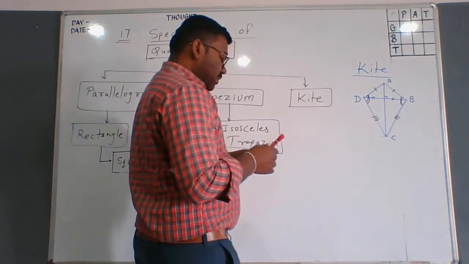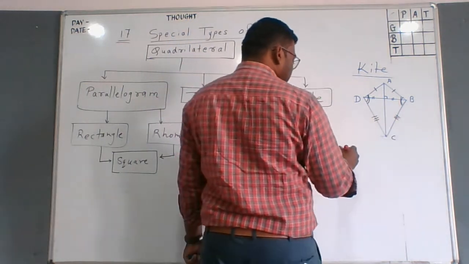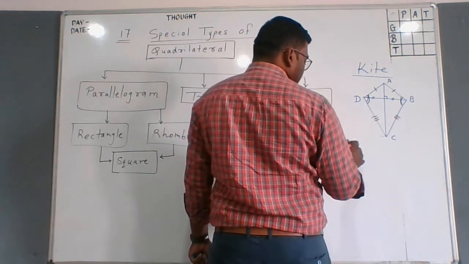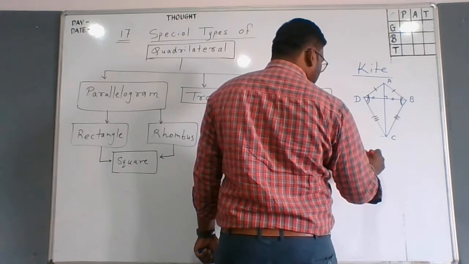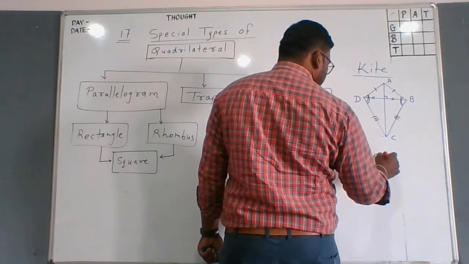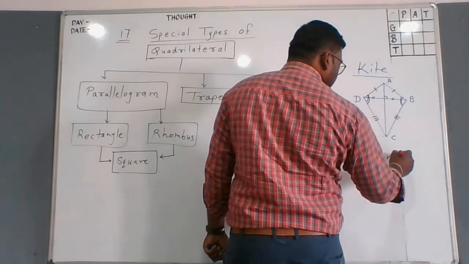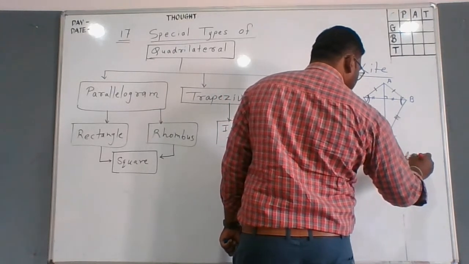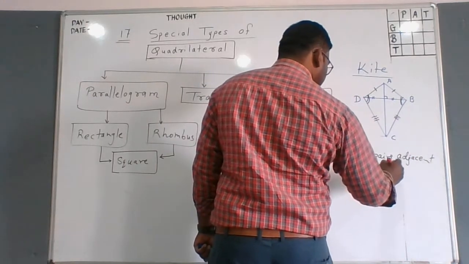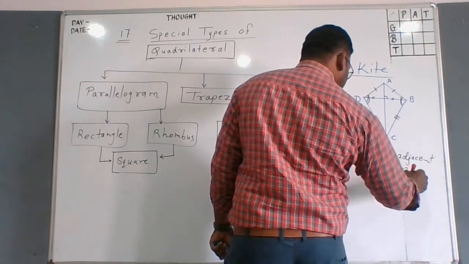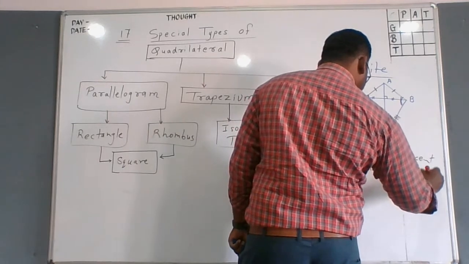So the first property, what can we write? Two pairs of adjacent sides are equal.